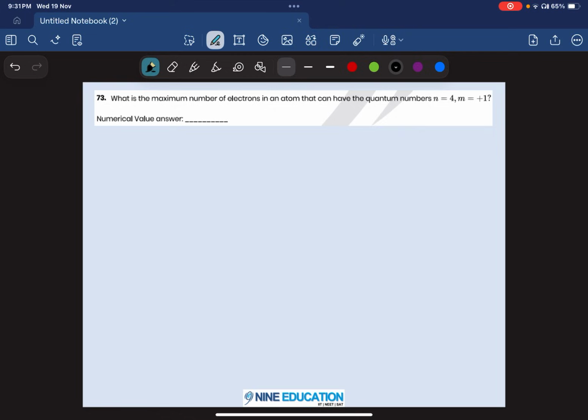Then question number 73. What is the maximum number of electrons in an atom that can have the quantum numbers n is equal to 4 and m is equal to 1? We know that the fourth shell contains 4s, 4p, 4d and 4f.